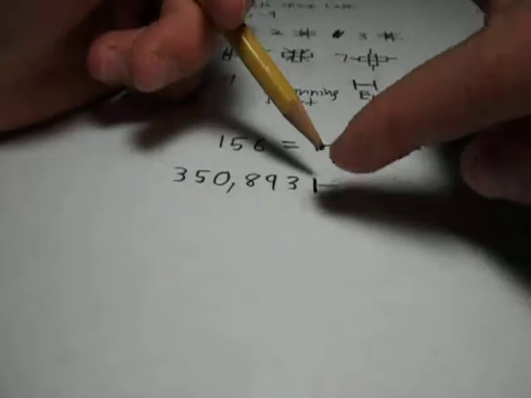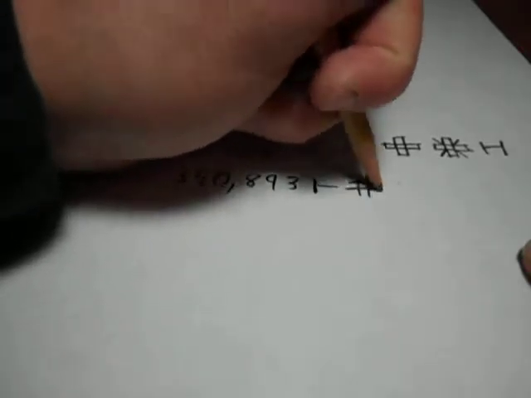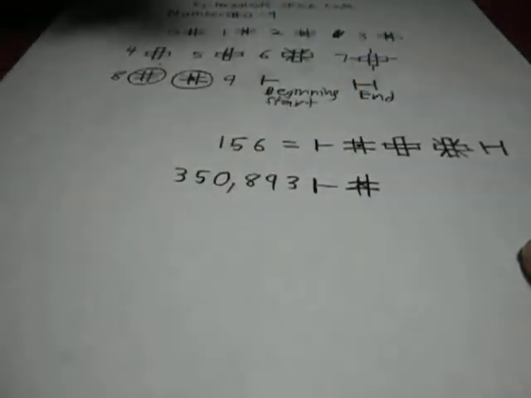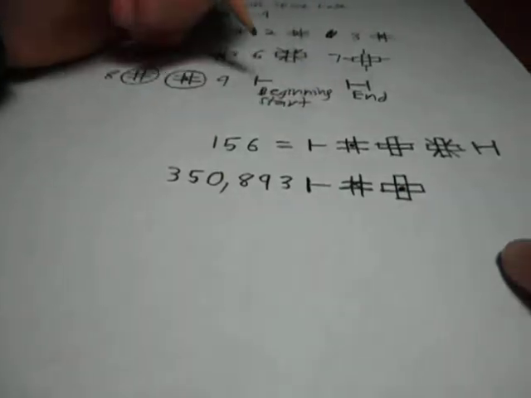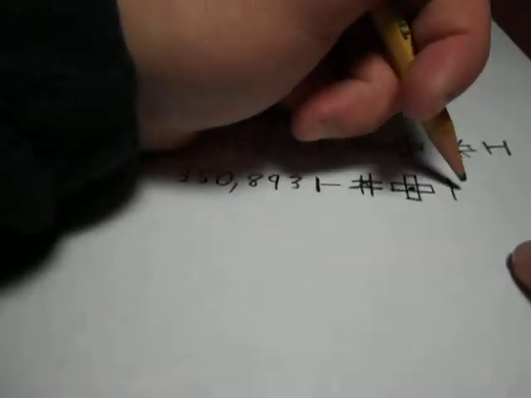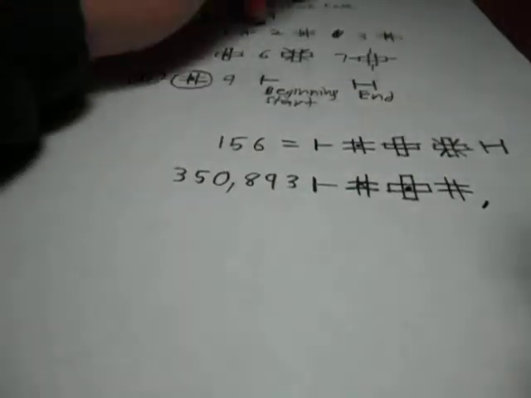So basically, this is the beginning symbol, and then you would go to 3, which is a hashtag with an X in the middle. You would go to 5, kind of like a Game Boy pen with a dot in it. And then 0 is just a hashtag. It was always a hashtag. And then you could put a comma or a dot there, whichever works better for space.